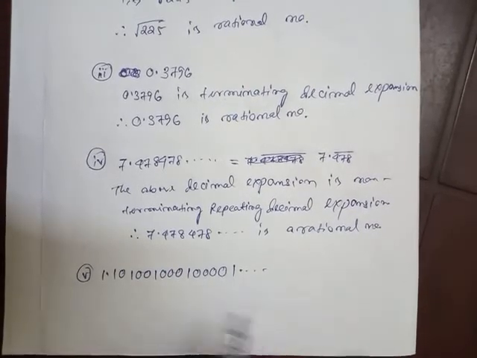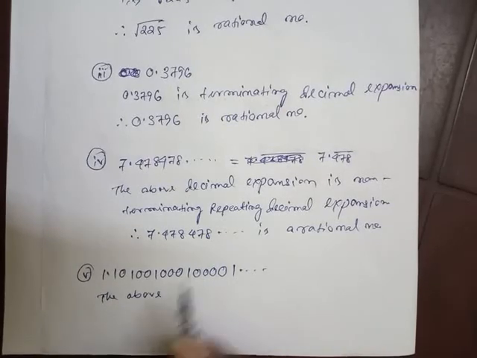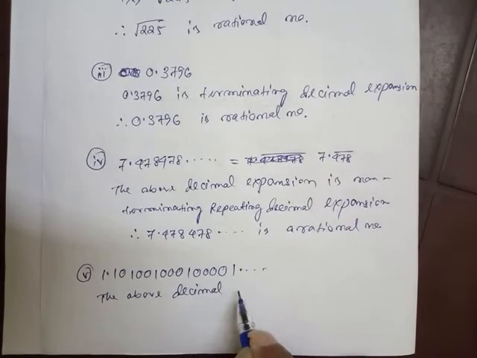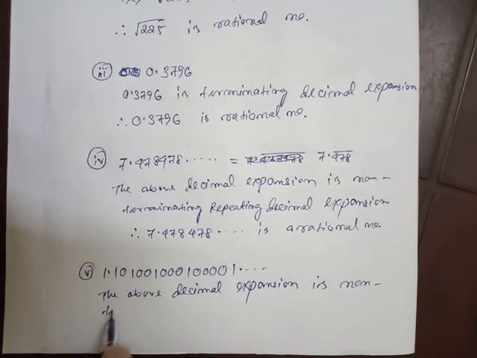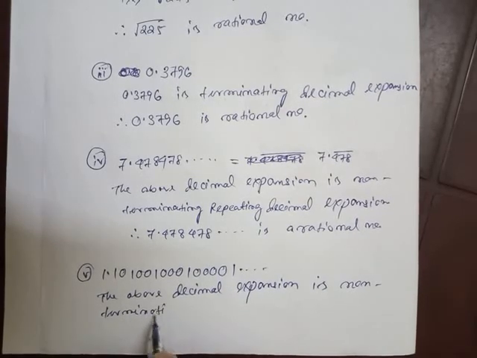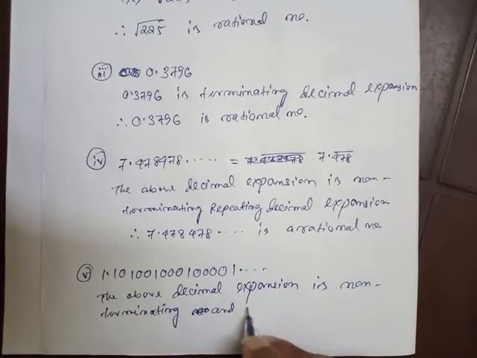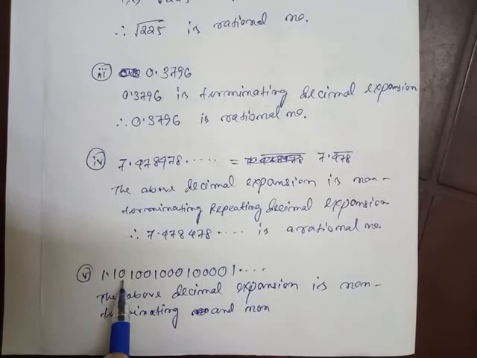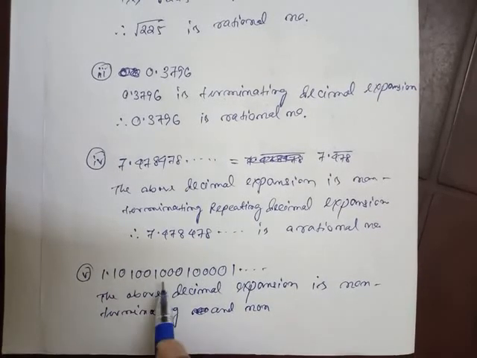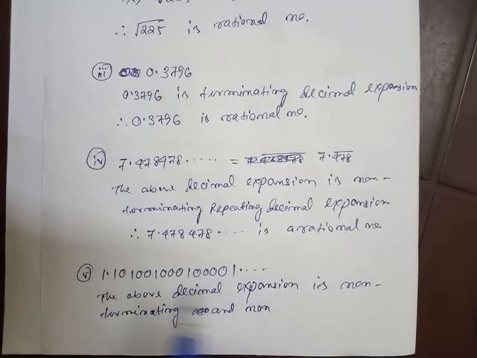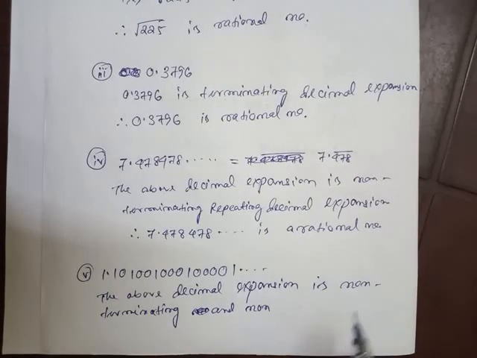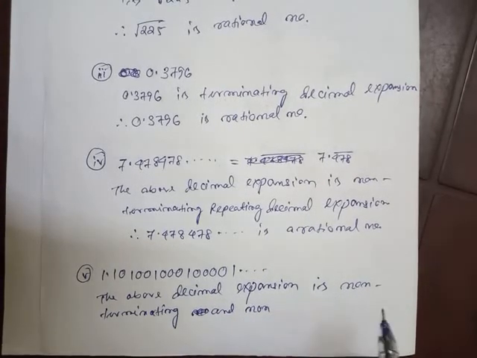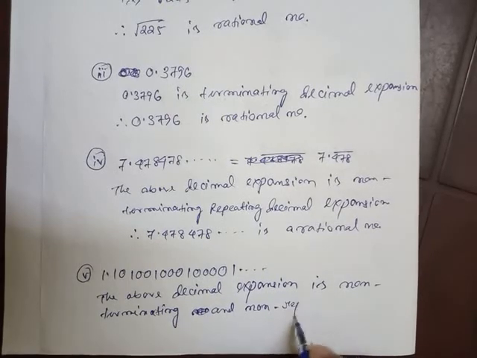So clearly it is seen that the above decimal expansion is non-terminating and non-repeating, which means students look here, in the first case there is 10, second case 20, third case 30, fourth case 40, which means in every case 10 increased, here 50 then 60, like that. So we can say that the above decimal expansion is non-terminating and non-repeating.